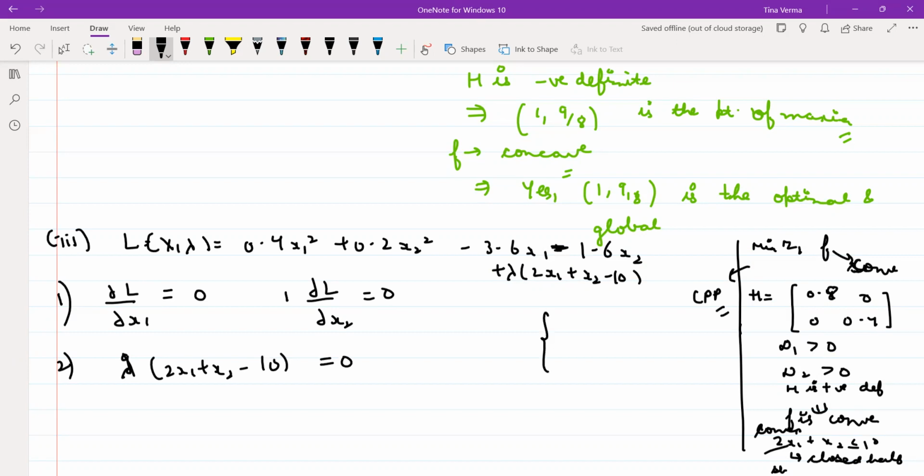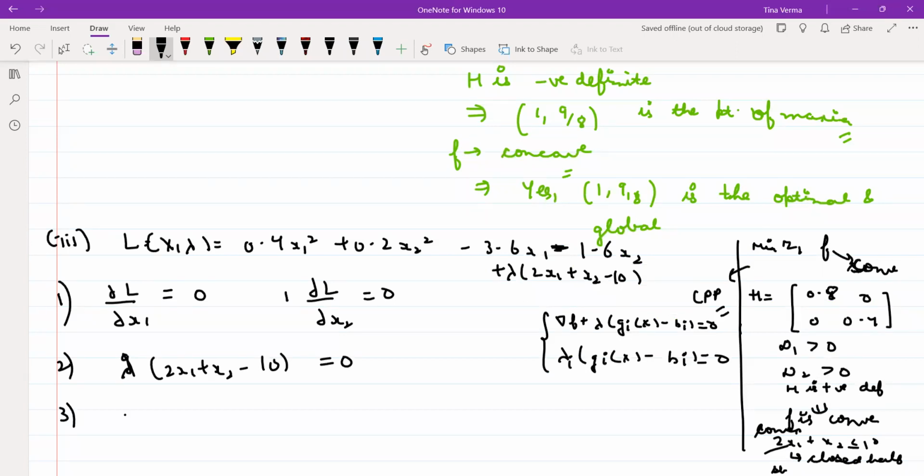That means, as I have also told you, this is del of f plus lambda i times (g_i(x) minus b_i) equal to 0.